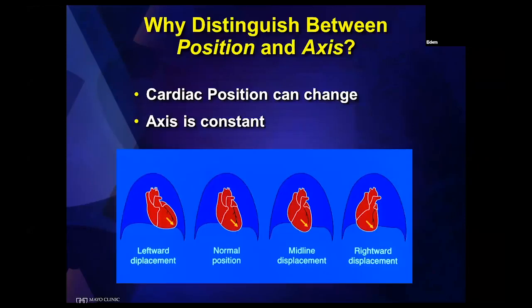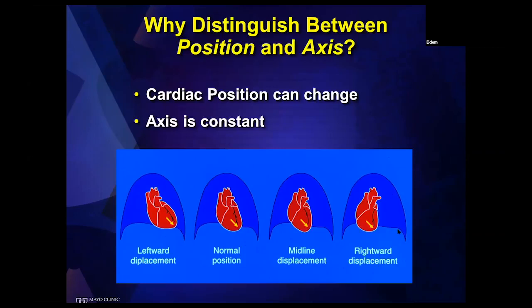Why distinguish between position and axis? Cardiac position can change if there's any extrinsic structure within the chest cavity. If you have an extrinsic structure that's pushing the heart to the left, you can have leftward displacement of the heart, but the base apex orientation still remains levocardia.